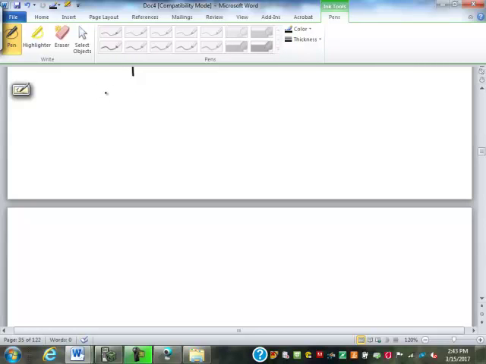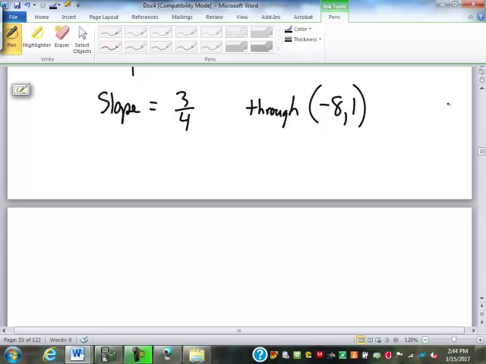If I tell you that a line has a slope of 3/4 and goes through the point negative 8, 1. To find the equation, y equals, I start out with my slope, 3/4 x plus, I don't know my y-intercept yet, so I'll put b there. Then what do I do?